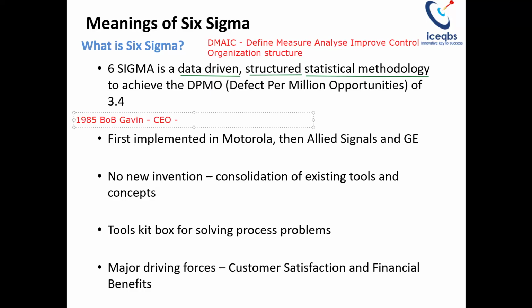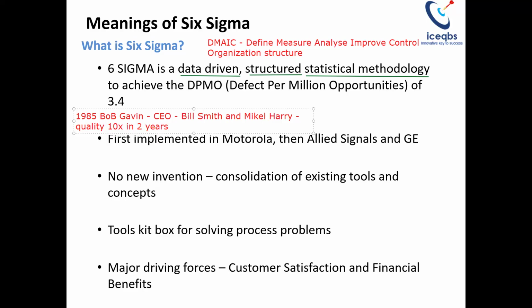Then he put two of his best quality people, Bill Smith and Michael Harry, on a project to come up with a methodology to improve quality 10 times in 2 years. That was the target given to them.